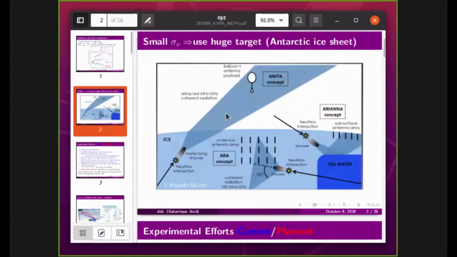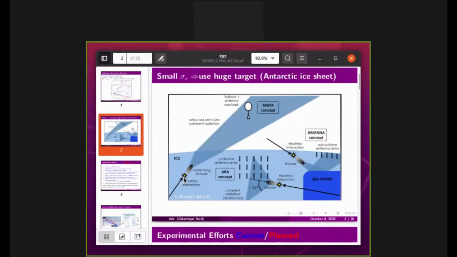The schemes I'm going to focus on here are schemes where a neutrino interacts in an ice target, not a water target. Remember that since we're going to use radio waves, we need a very radio transparent medium, and that excludes, for instance, salt water, and it also excludes, unfortunately, even fresh water because of the high dielectric constant.